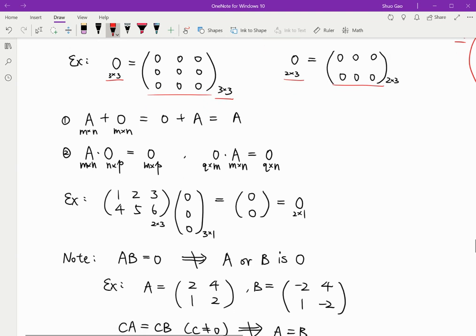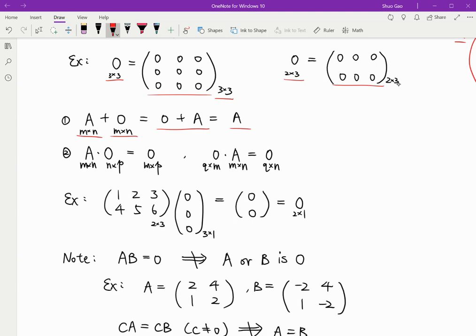And we have some properties here. First, any matrix A plus the null matrix should be the same when you change the order, and it should be the matrix A itself.